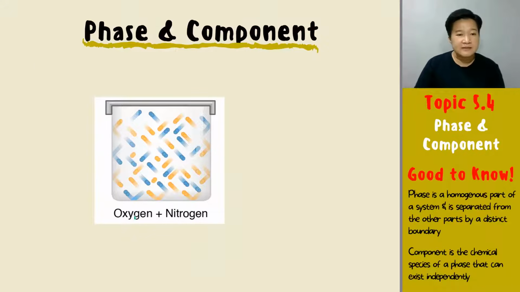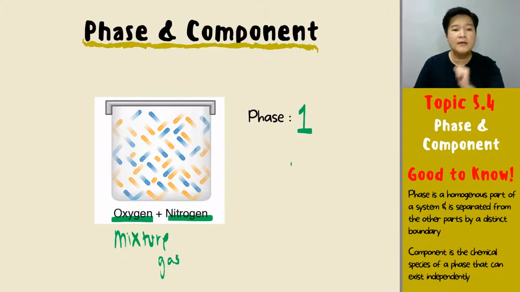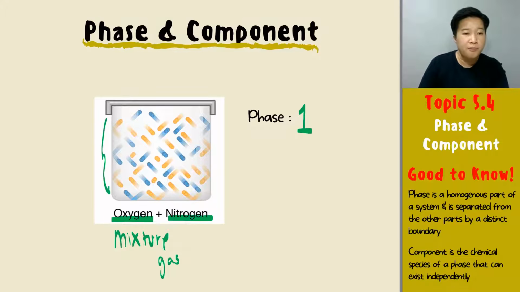Looking at this, it is our mixture of gas. When you have a mixture of gas, we have oxygen and nitrogen gas in the same beaker. So how many phases do you have? There is only one phase. Why only one? Because both of them are gas, and both of them are gas that are already mixed into each other.